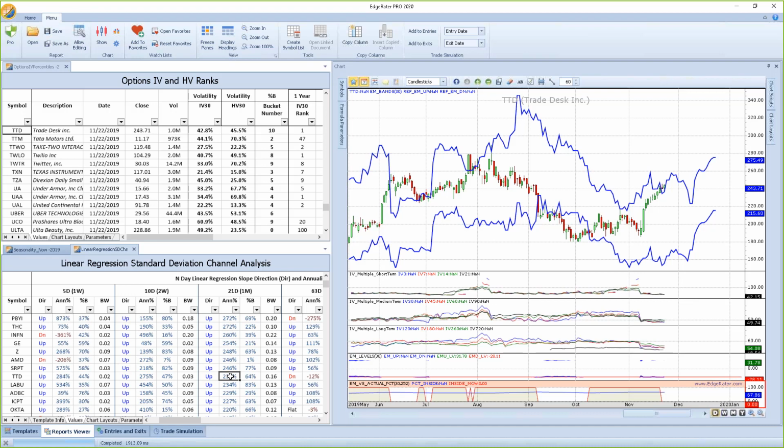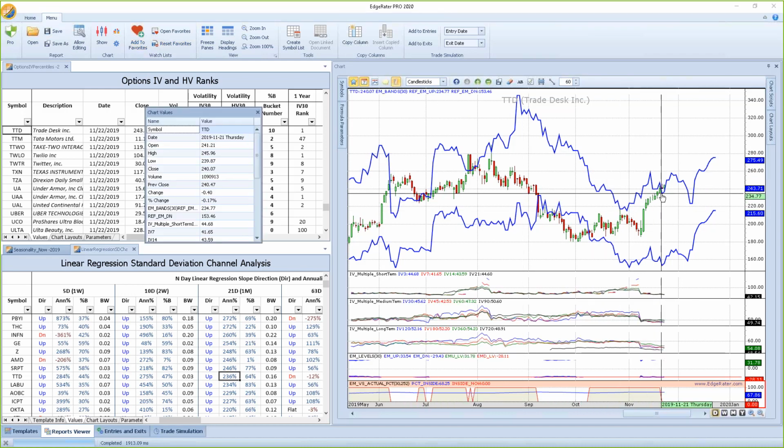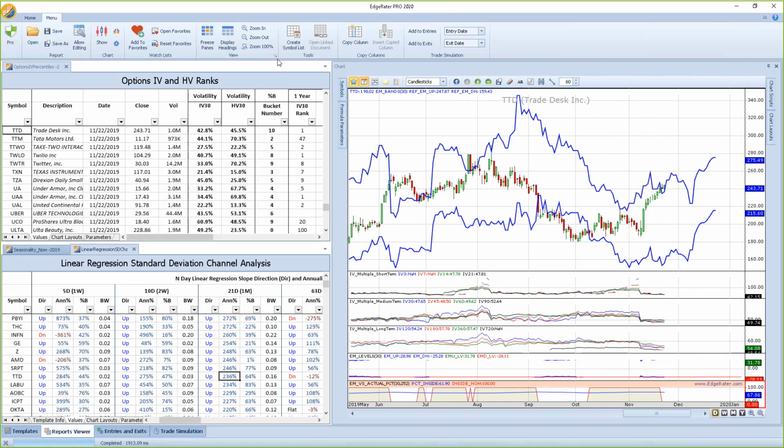Okay, here's another one that's just coming outside of expected move, TTD. So we can put a buy stop above that little wick there. The high there, this is TTD, 245.96. So that's 245.97.